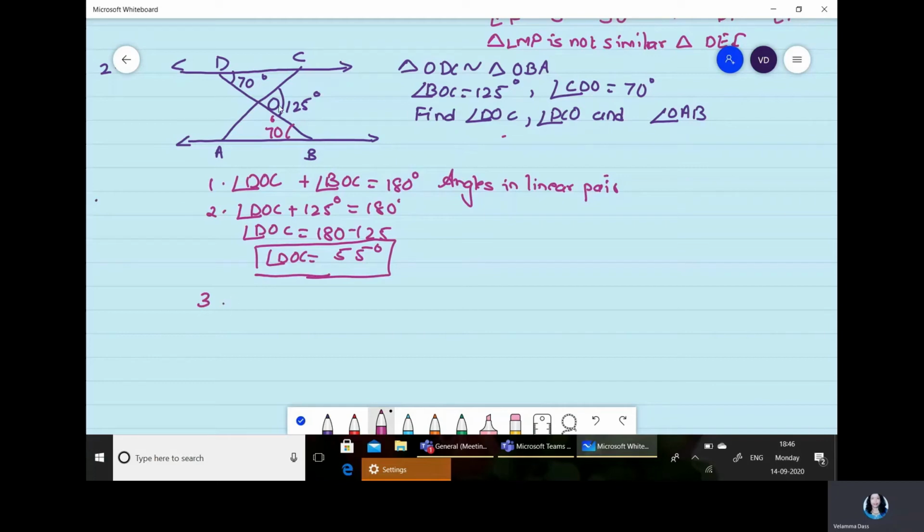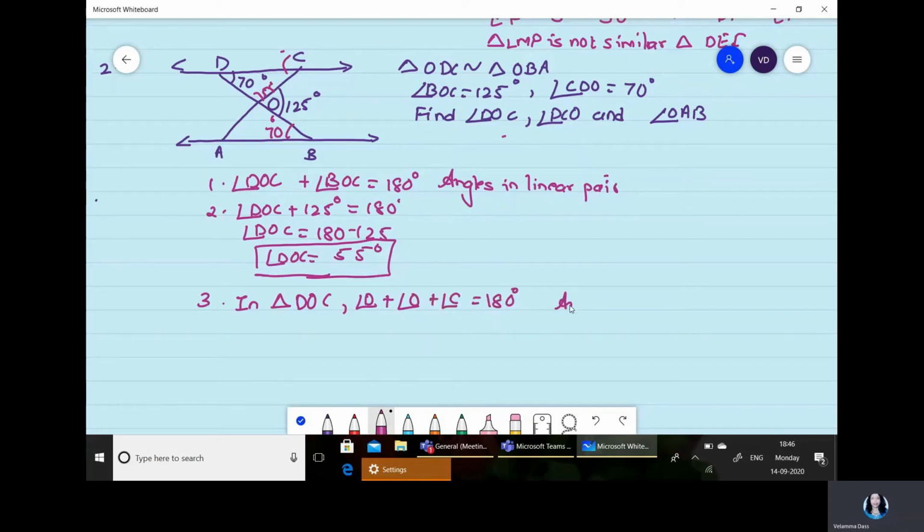Second thing, after getting angle DOC is 55 degrees, you have to find out what is angle DCO. For DCO, either we can use the angle sum property, because we know angle D and angle O, so angle C can be found very easily, or by using the exterior angle property; any method can be used. Suppose I use the angle sum property. In triangle DOC, we can say angle D plus angle O plus angle C equals 180 degrees.